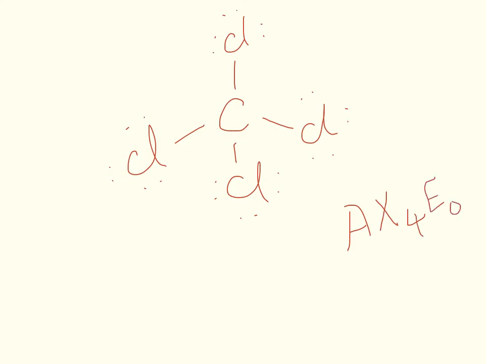There are no lone pairs around the central atom and there are 4 terminal atoms. And if you think about it, the CCl bond is a polar bond. Now, the polar bonds, the CCl bonds, are symmetrically arranged around the carbon atom. So this is a non-polar molecule.